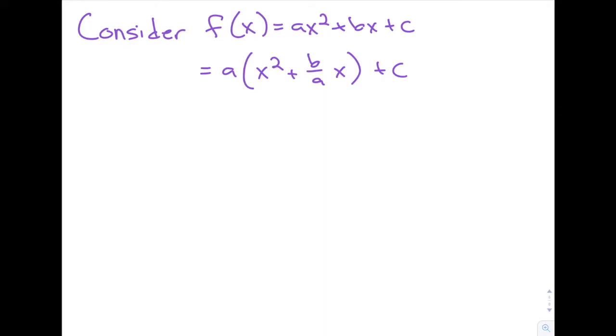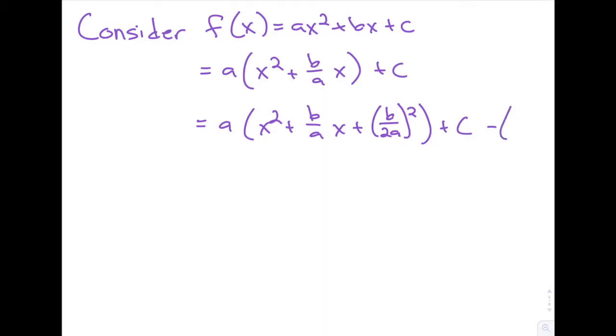Next, let's complete the square inside the parentheses. So let's add b over a over 2, quantity squared. So that'll be a times the quantity x squared plus b over a x plus b over 2a squared. And then, of course, outside of the parentheses, we must subtract that same number.